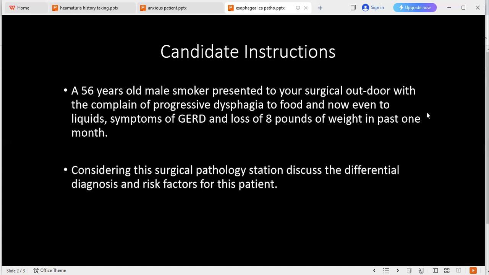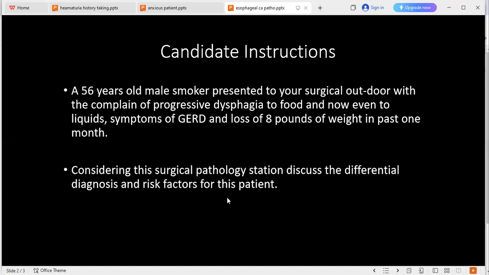And if it is inoperable, I will do palliation by self-expanding metallic stent, debulking, feeding jejunostomy, and chemoradiotherapy.